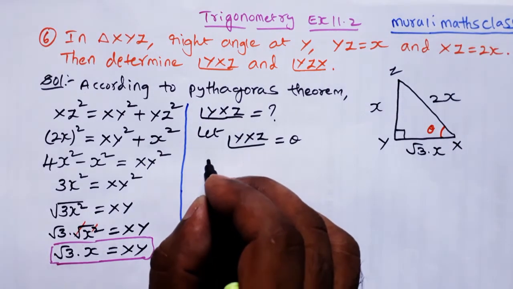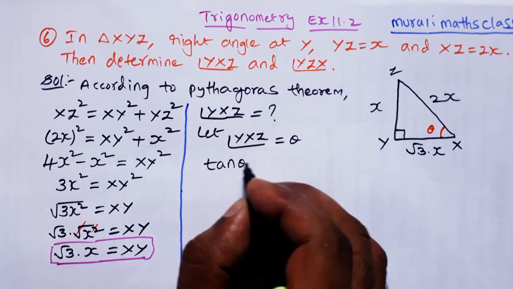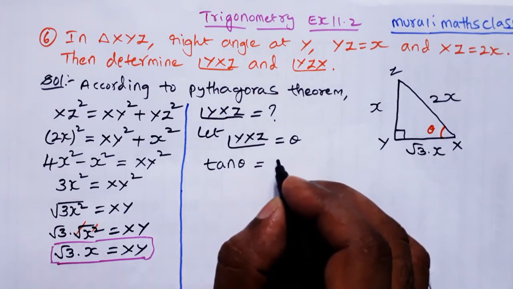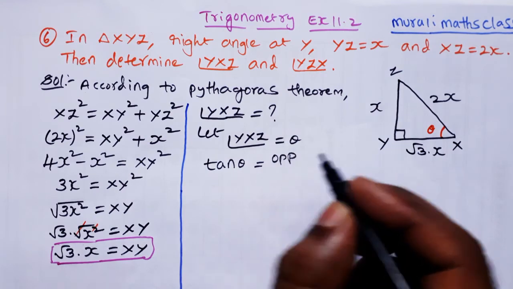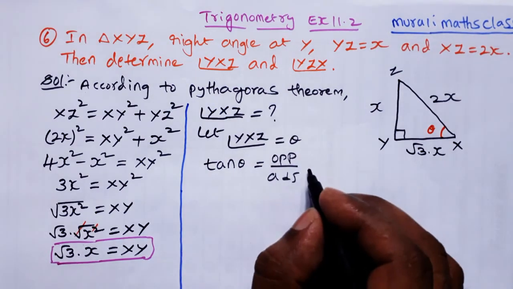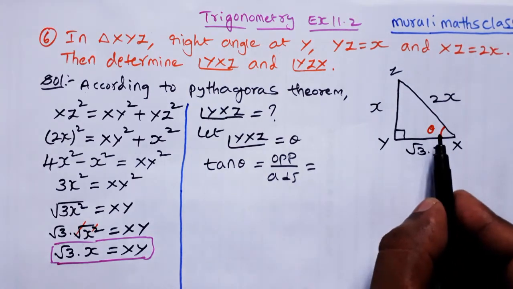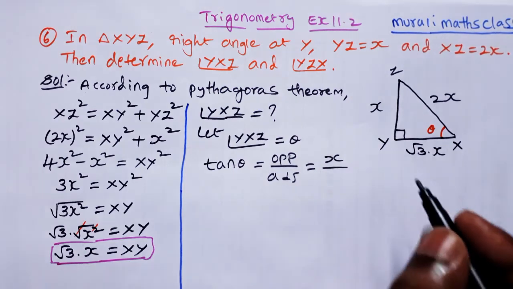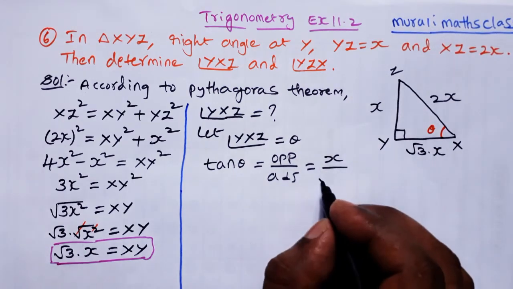That is tan theta equals to, formula is what? Opposite divided by adjacent equals to, for theta which is opposite x divided by which is adjacent root 3x.